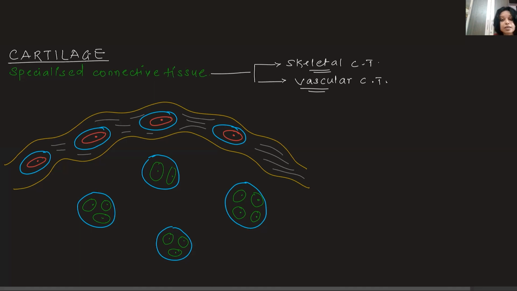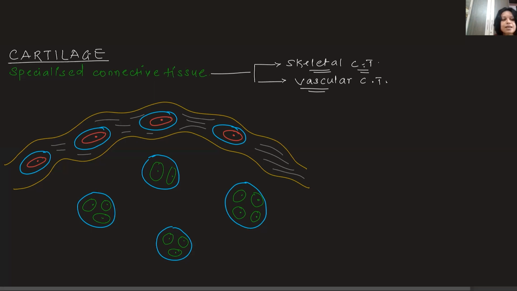And what is cartilage? Just now, I've told you that cartilage is skeletal connective tissue, and skeletal connective tissue is specialized connective tissue because it is specialized to provide support to the body. Cartilage is more flexible than bone.